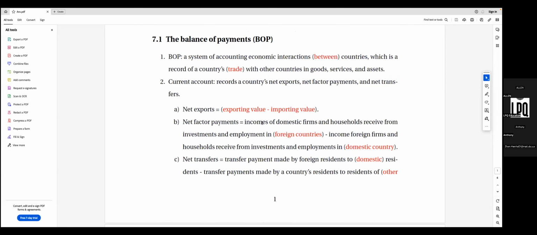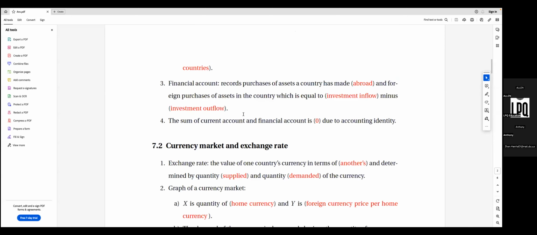So another kind of reason why money is leaving from Canada. Imagine this, a Canadian company, maybe Lululemon. Lululemon is a Canadian firm. They want to extend their business. They want to enter into the American market.